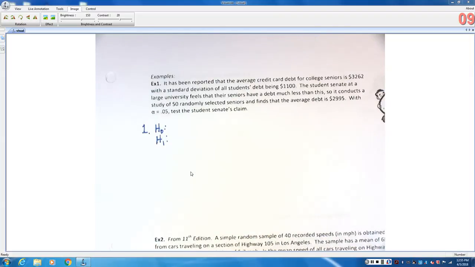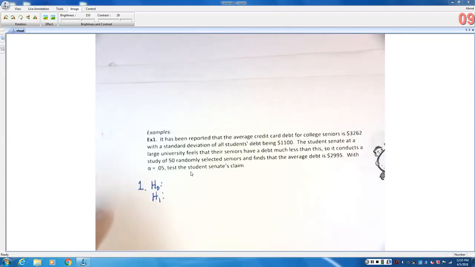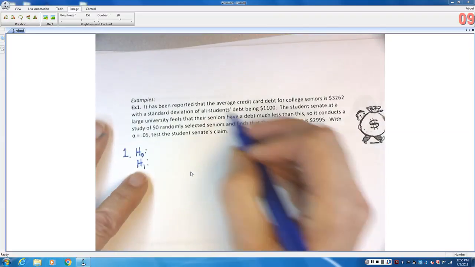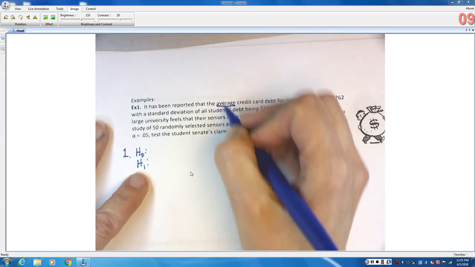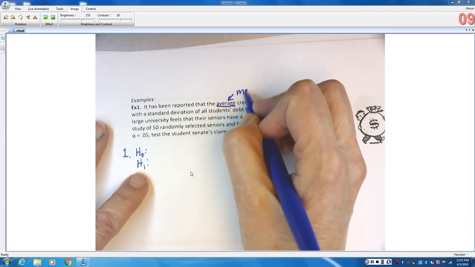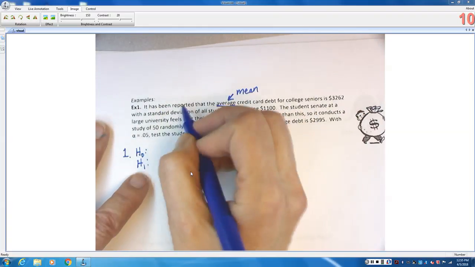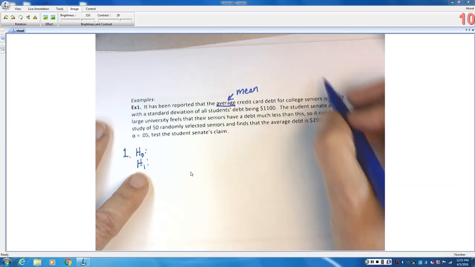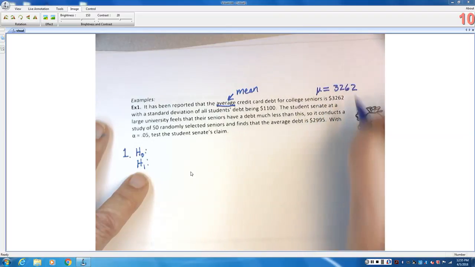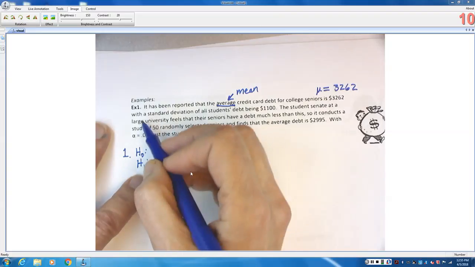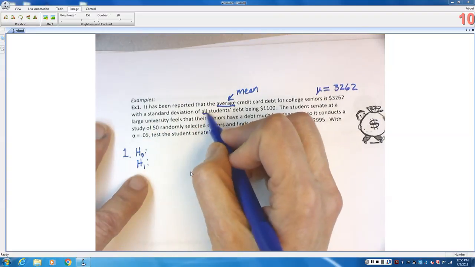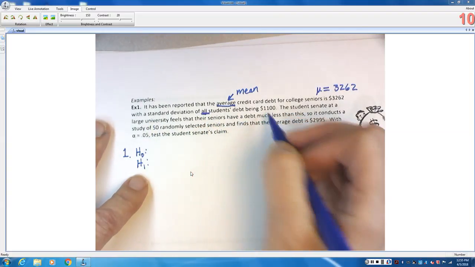So our step 1, we need to read through the question. The average credit card debt, so this is a mean, for college seniors has been reported, so this is mu equals 3262, with a standard deviation of all students' debts being 1,100.